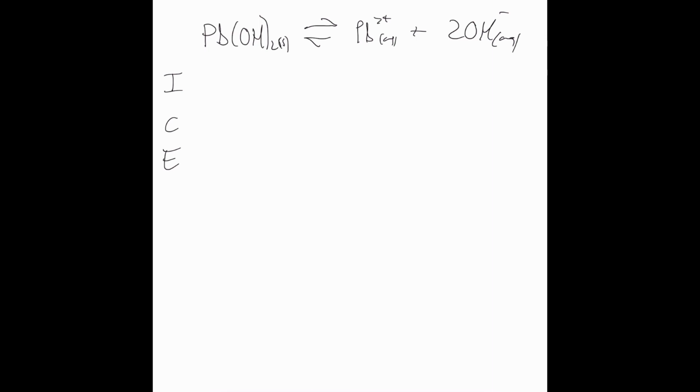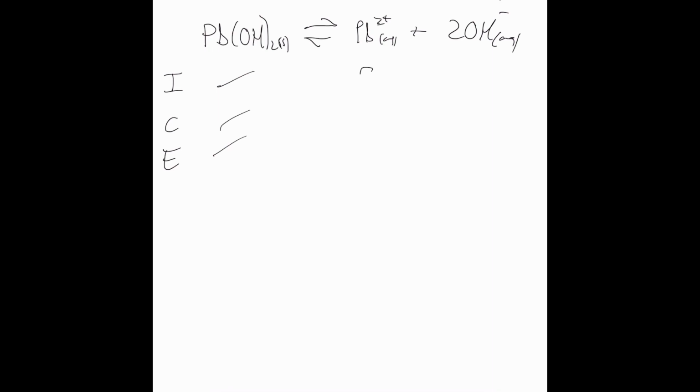We're going to throw in 0.01 molar OH-, or sodium hydroxide. Now let's do our ICE table. We treat this as a completely new equilibrium. The solid doesn't count, so it doesn't matter how much we've added.